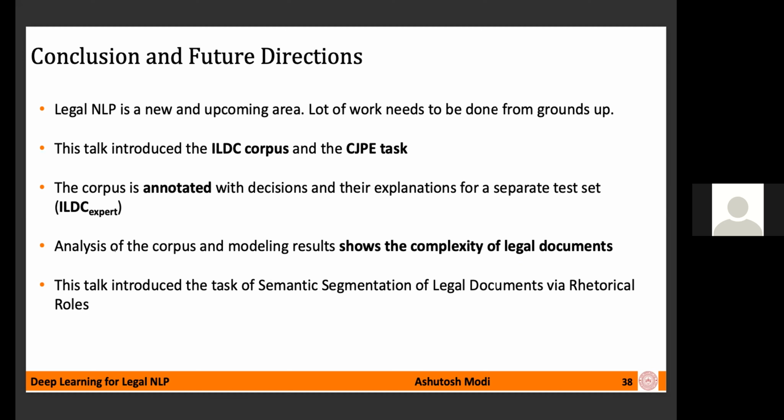In this work, we created a new corpus, and I would encourage you to play and research with this corpus. All the data and code is available. As we saw from the results, the models for legal judgment prediction are still in their infancy and showed significant difference compared to the legal experts. So there's a lot of scope for improvement.